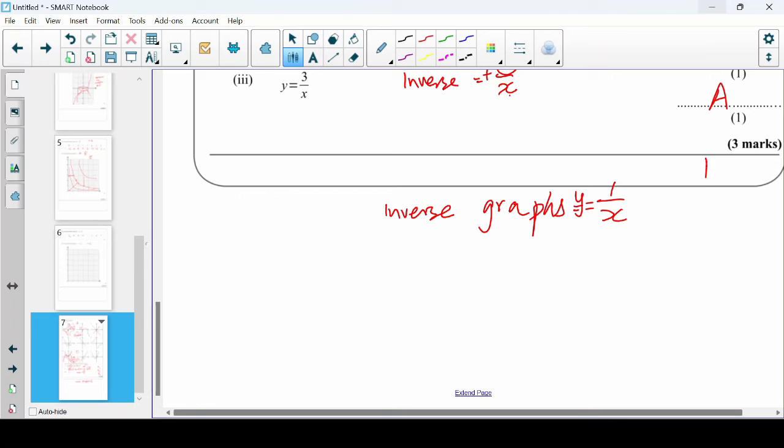The shape would be either here like this, or like these ones. If they are positive, they would be here like these ones, and if they are negative, they would be like these ones. And the next is quadratic graphs.